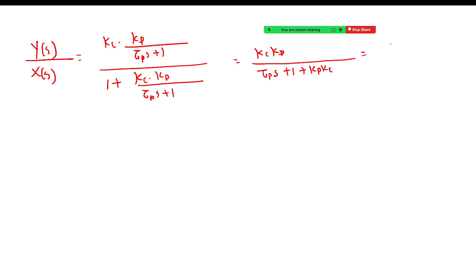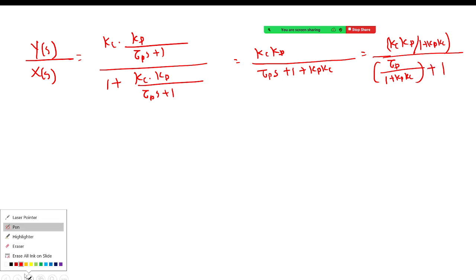Finally, if I divide by 1 plus KpKc in the numerator and denominator, what will I get? KpKc divided by 1 plus KpKc, divided by tau P upon 1 plus KpKc, times s plus 1.